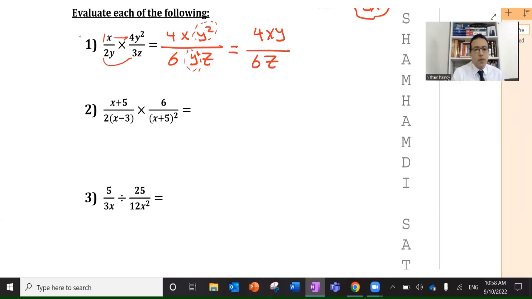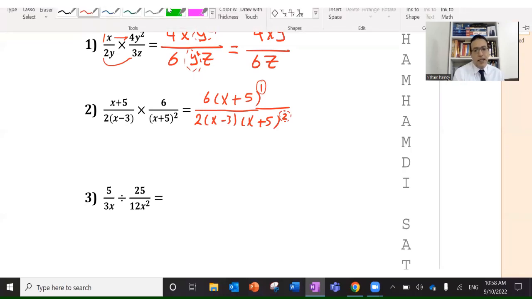Number 2, it's 6 multiply x plus 5. And down, 2 multiply x minus 3 multiply x plus 5 squared. Here I have power 2 and here I have power 1.